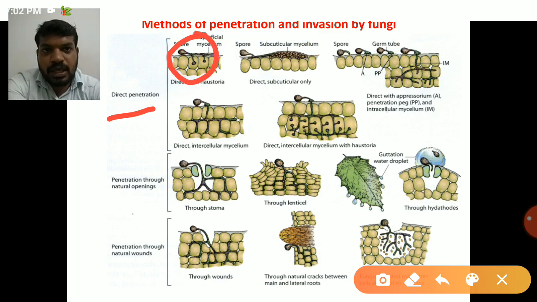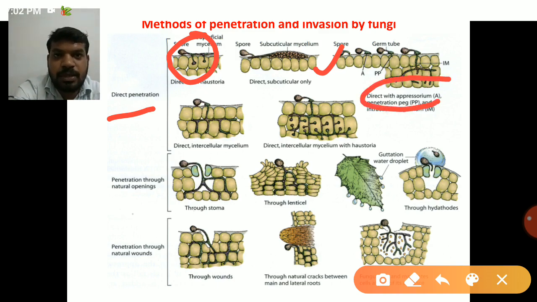It will produce haustoria and take nutrients from them. Next, direct subcuticular only. So it directly infects and will not enter the epidermis layer. It only survives in the subcuticular region and takes nutrients from there. Next one is direct with appressorium, penetration peg and intracellular mycelium. It will produce intracellular mycelium.